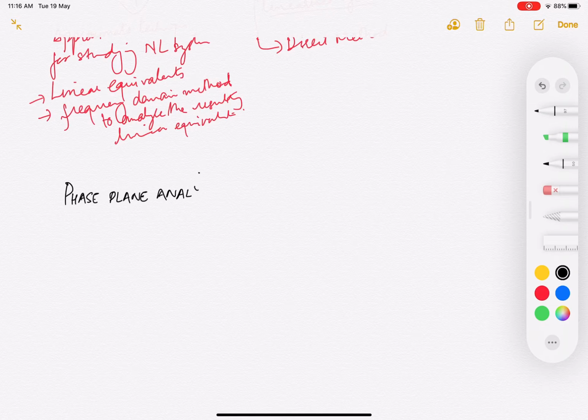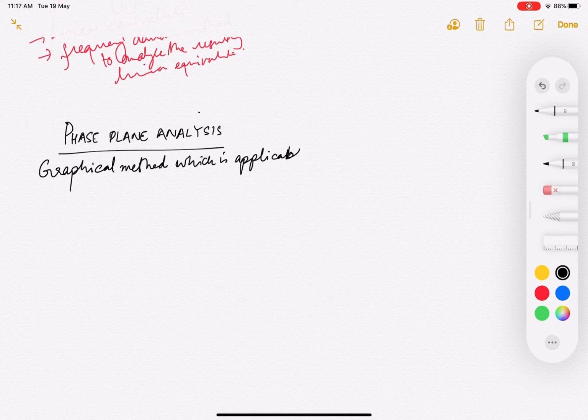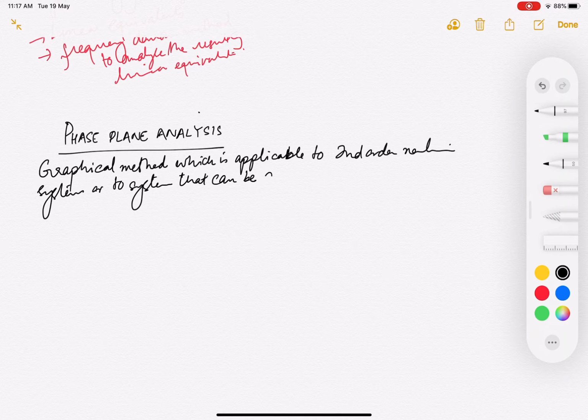So as I said before, this is a graphical method which is applicable to second order nonlinear systems, or to systems that can be approximated by second order nonlinear systems, right?